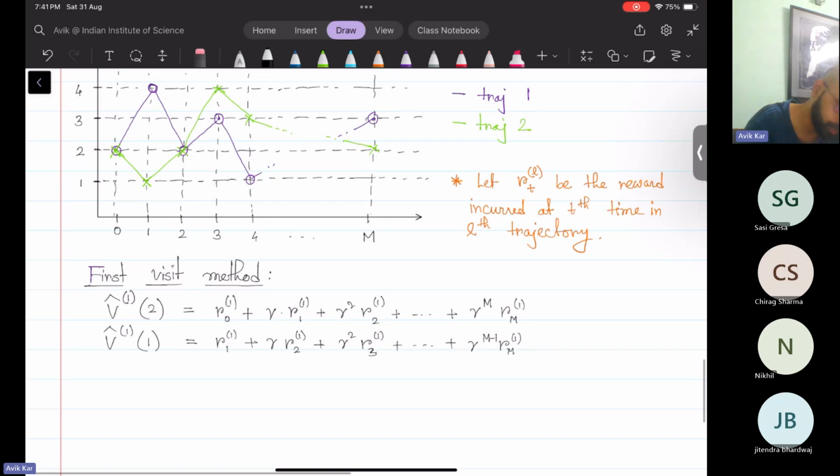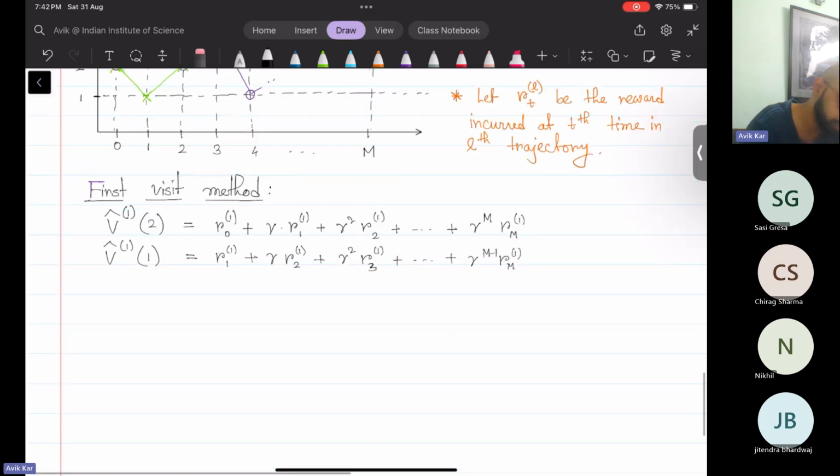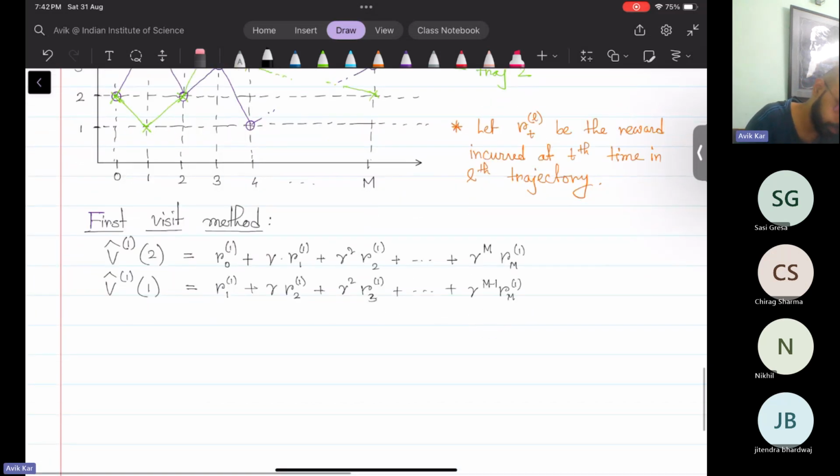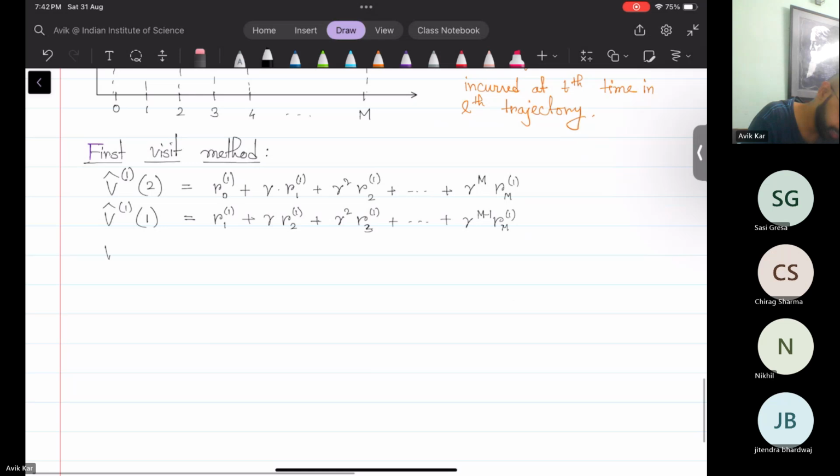Next you see that the process has visited state 2 again. But that will not count, because for state 2 we already have an estimate which started at time t equals 0 itself. Then we had V hat 1 of 4.